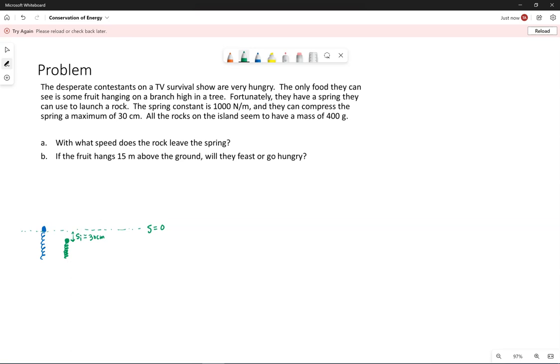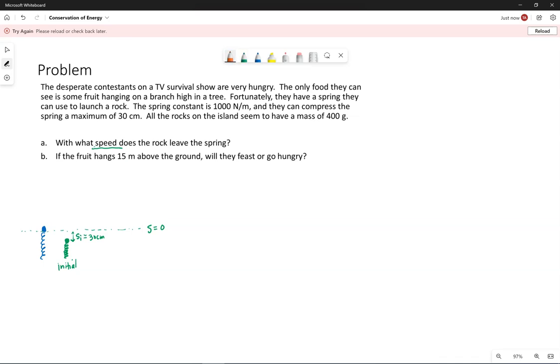So first we want to know with what speed the rock leaves the spring. I'm representing my initial moment in time as when we've pushed this rock down on the spring as far as we possibly can. Our final moment in time needs to relate to the question I'm trying to answer: with what speed does the rock leave the spring?